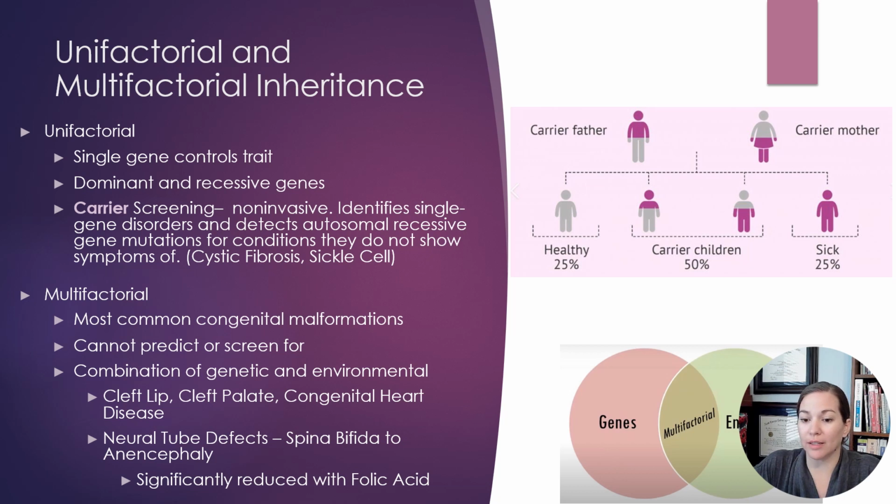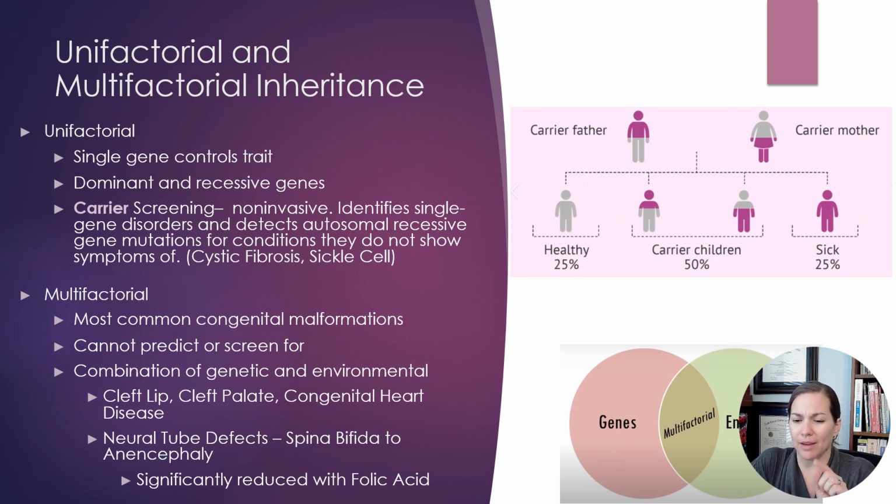The next thing to talk about when referring to genetics is whether it's unifactorial or multifactorial. And all this means is that if it's unifactorial, it's guided solely by problems with the genes or issues that the genes themselves have passed on. If it's multifactorial, then it also could be influenced by environmental concerns.